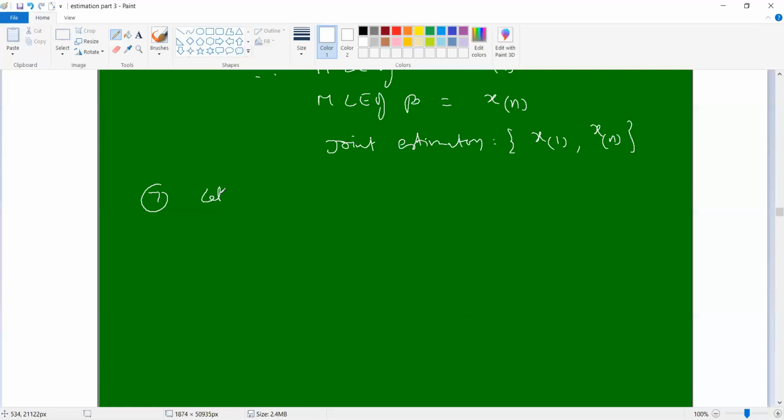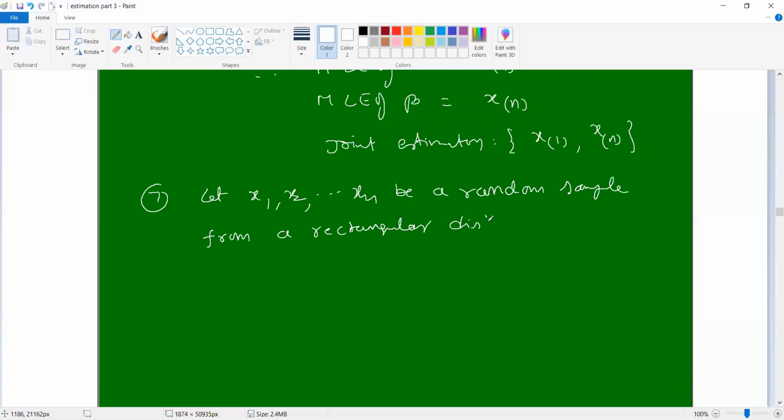Let x1, x2, and so on xn be a random sample from a rectangular distribution.